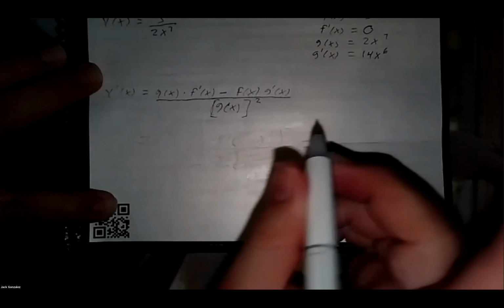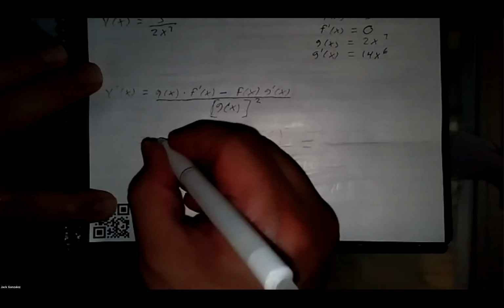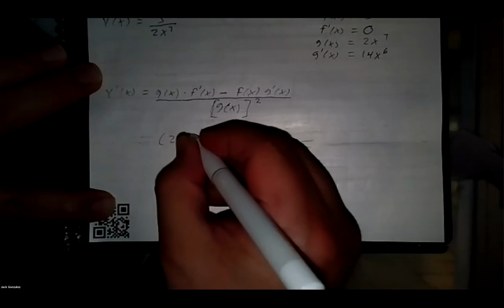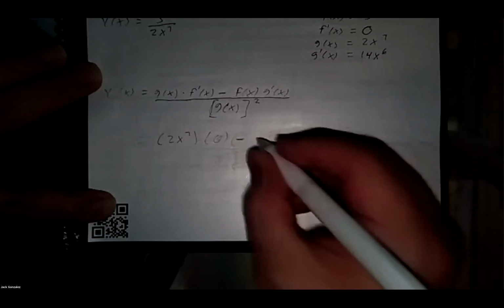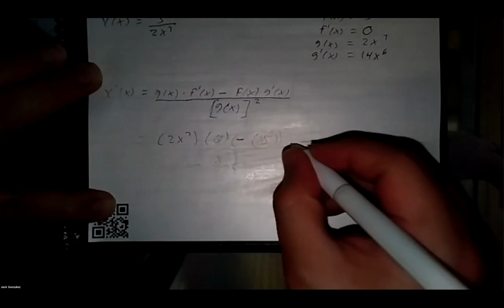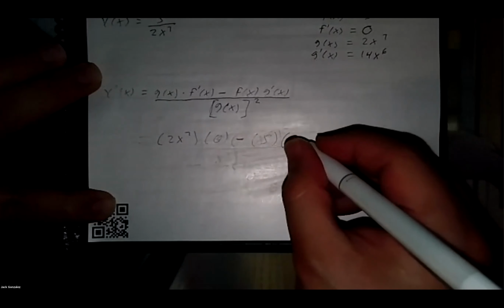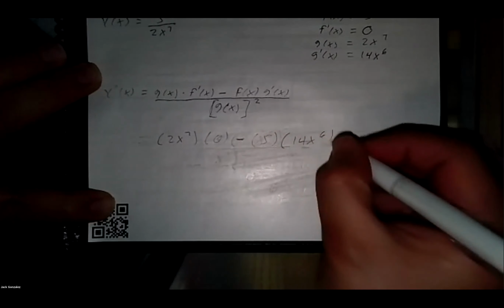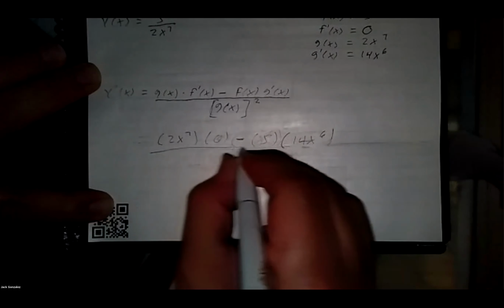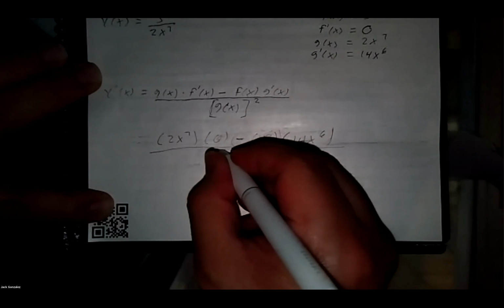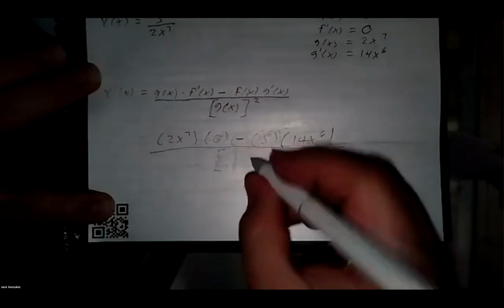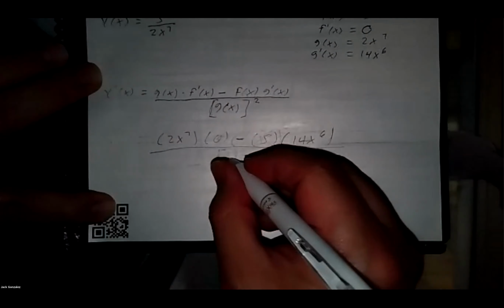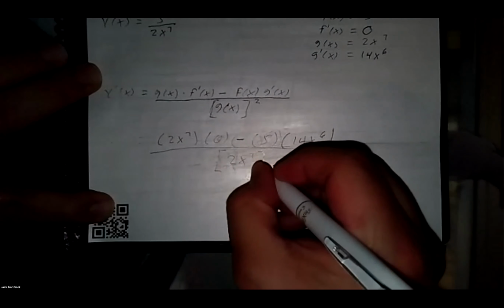So we had 2x to the 7 times 0 minus 5 times 14x to the 6, over 2x to the 7 squared.